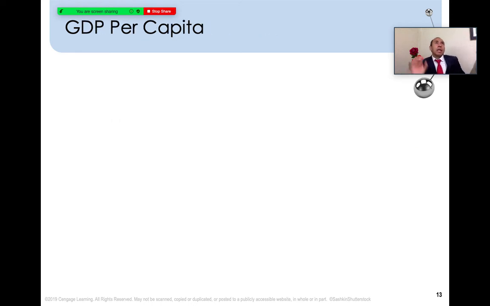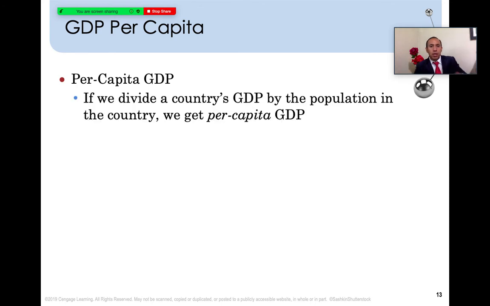Now, another way to look at GDP and country economic comparisons is the GDP per capita, gross domestic product per person, per household. GDP per capita analyzes the productivity per person, and it's done typically by dividing the country's GDP, the level of output, by the population in the country.